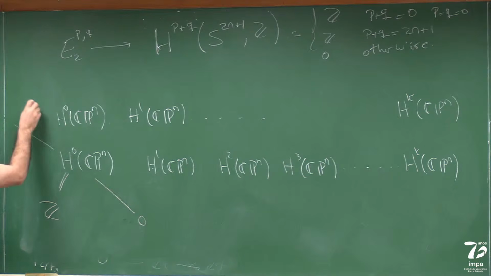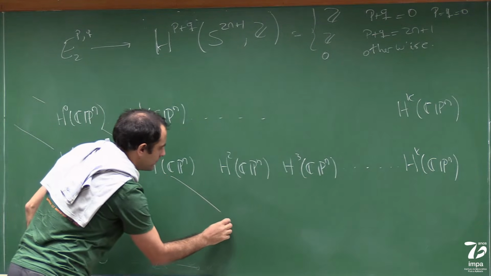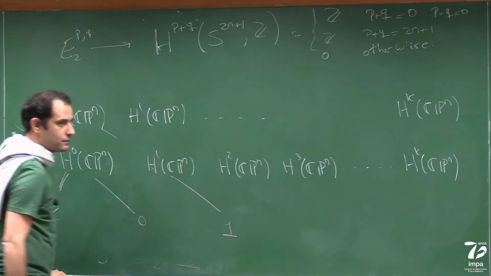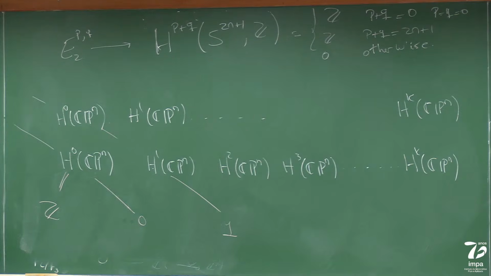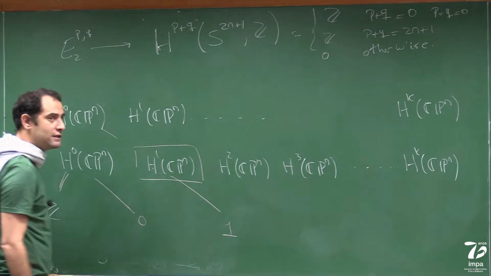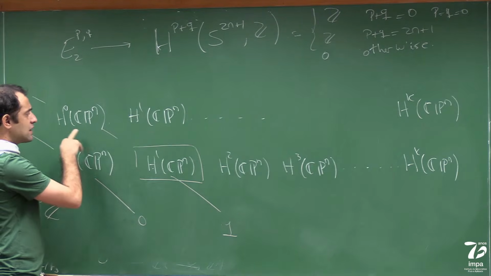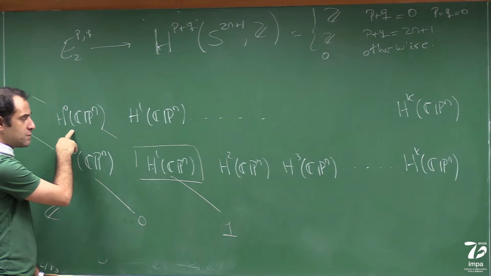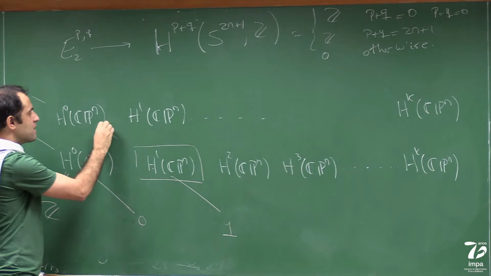On the other hand, this is in degree 1. And this piece here can never be killed in homology. This is an E2 spectral sequence, so the differential goes from here to here.